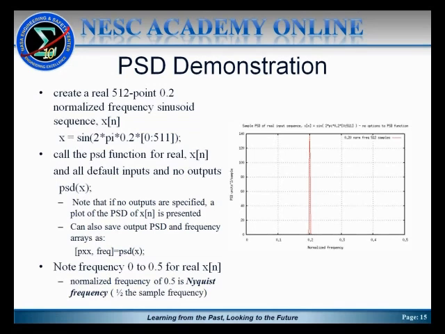And in most of these packages, like MATLAB and Octave, if you just call the PSD function as shown here, just PSD parenthesis x, in general it'll create a plot of the PSD. Although if you want to capture the outputs, you can actually load them into arrays. As the second example shows, you just load pxx and freq equals PSD. That will return the PSD itself in the variable I call pxx, and it will return the frequencies into the array called freq.